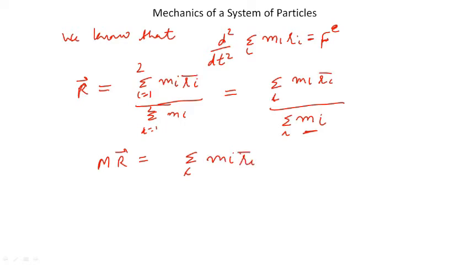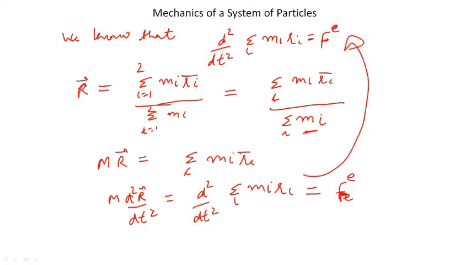If we differentiate it two times with respect to time, then the relation becomes M d2R over dt square is equal to d2 over dt square of sigma i mi ri, and using the external force, here d2R over dt square is equal to Fe upon capital M, where capital M is the mass of the system, and this is called the acceleration of the center of mass.